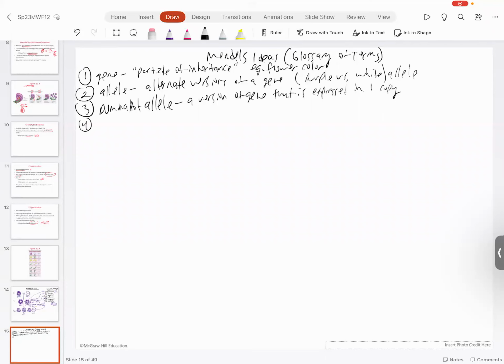You also notice that the white one is a recessive allele. This is a version of the gene that is expressed in 2 copies and masked by the dominant.